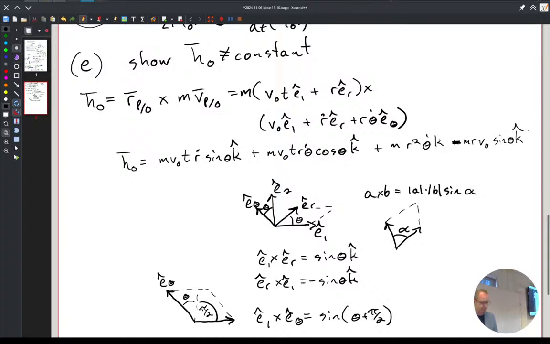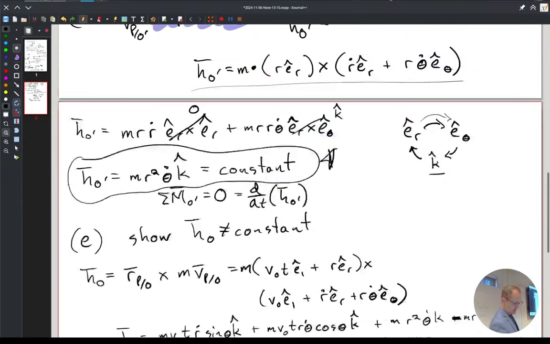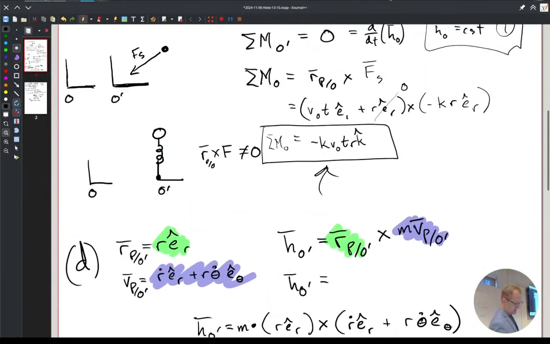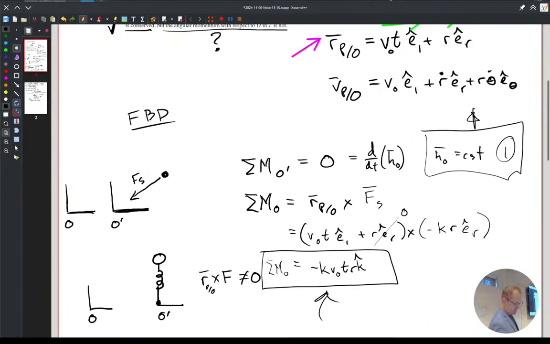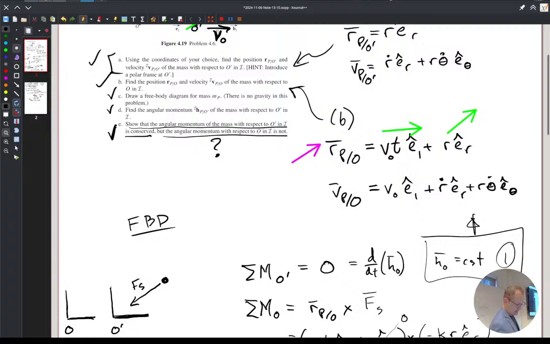Okay. Because we can start to see that we knew that the sum of the angular momentums was not zero. Yeah. Could we not have just written, because we know this, do we have to do the math to find the angular momentum at zero? Or can we just say because we know it from C that it's not zero?